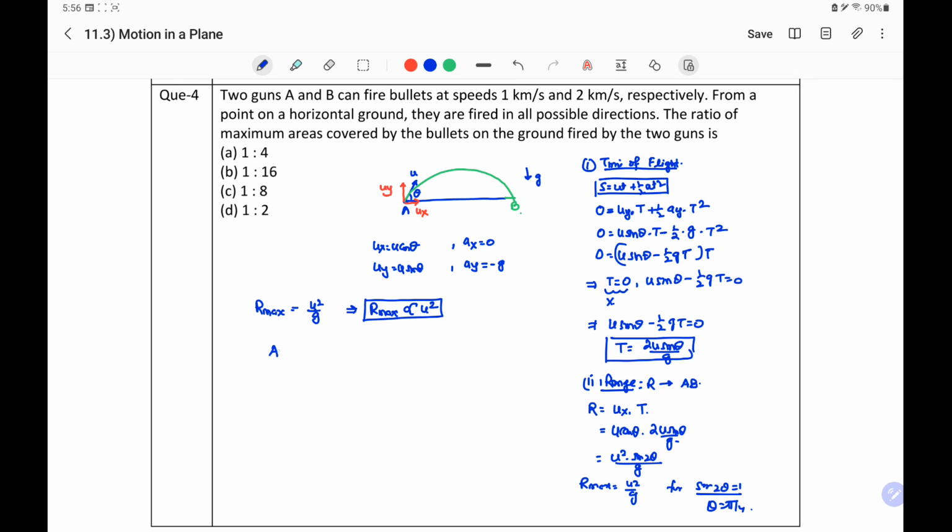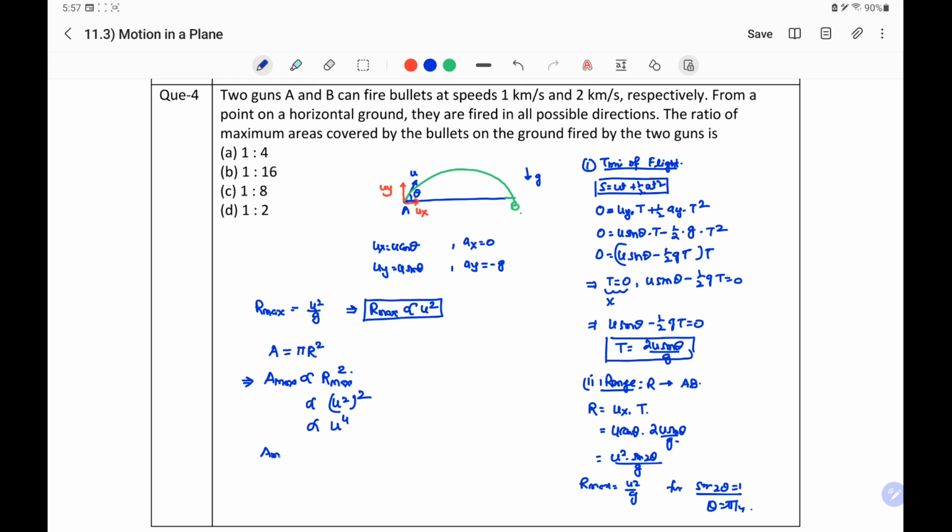Area depends on the range and it will be equal to pi r square, where r is the range. So maximum area will be proportional to R max, that is the maximum range square, and range is proportional to u square, so we can say it is proportional to u square square, or u raised to the power 4.